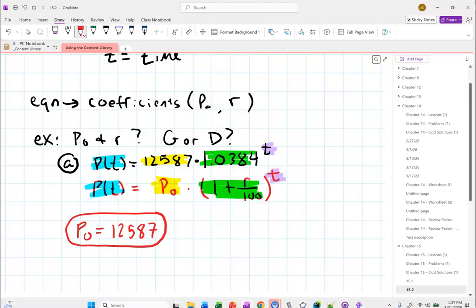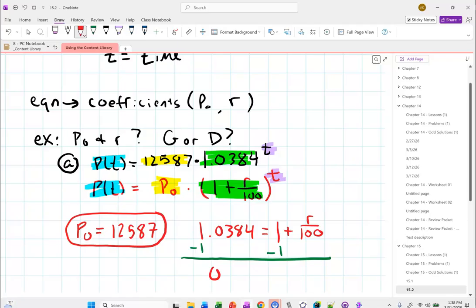R, though, will be a little bit more complicated because I see that R is actually, or the 1 plus R over 100 is actually equal to the 1.0384. Yeah. So we'll just solve this algebraically now.